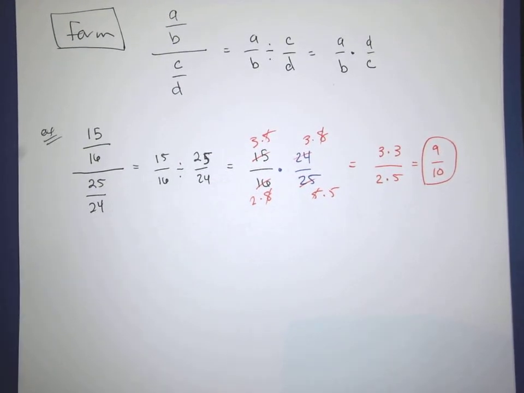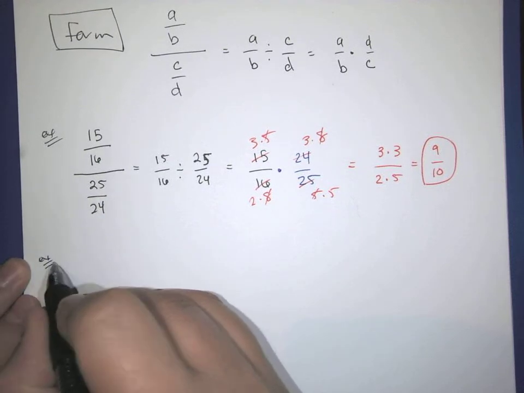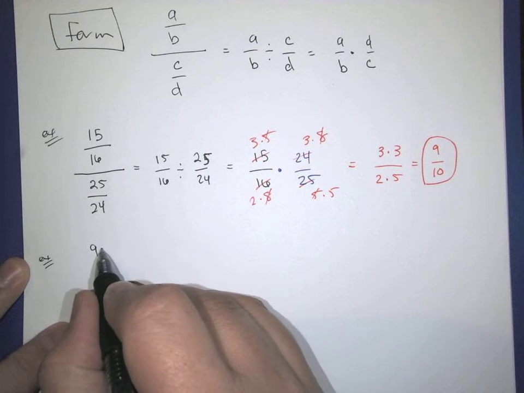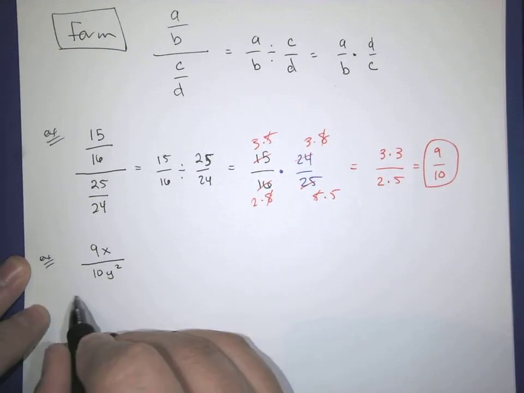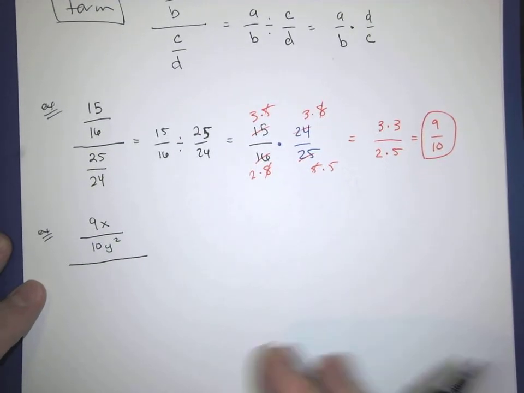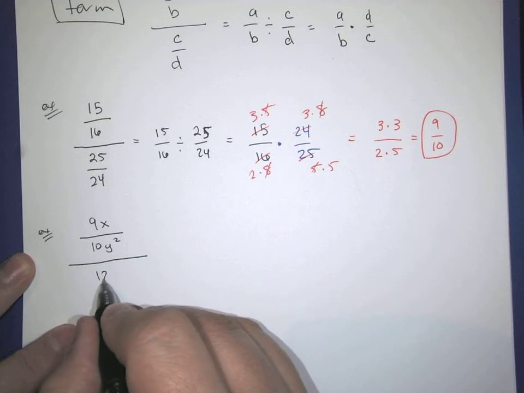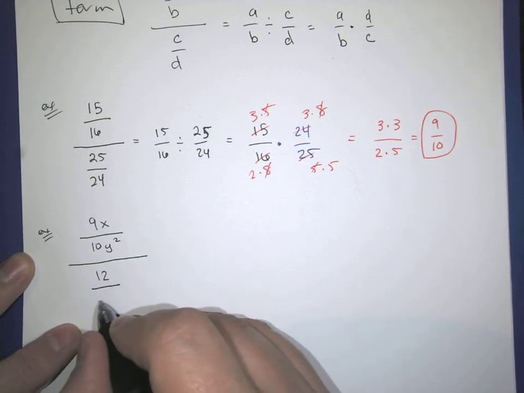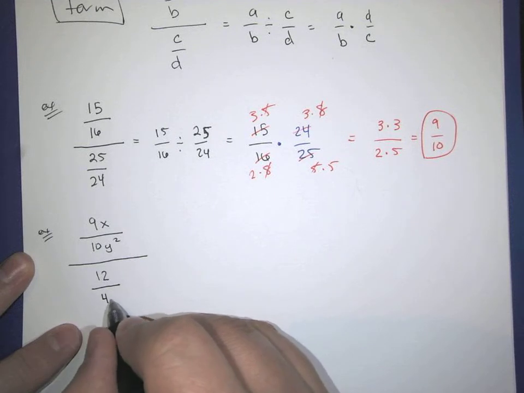In theory, as always, we could throw a couple variables in here if we want, just to change it up. We could do 9x over 10y squared. Stack it up. What should we do down here? How about 12 over, we already used 15, maybe we'll go a little smaller.